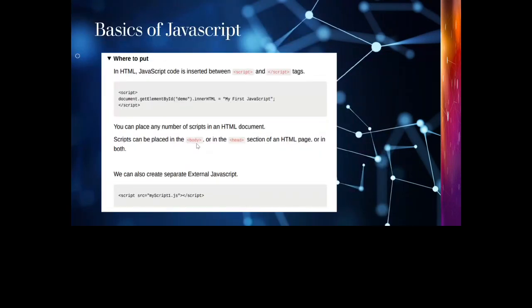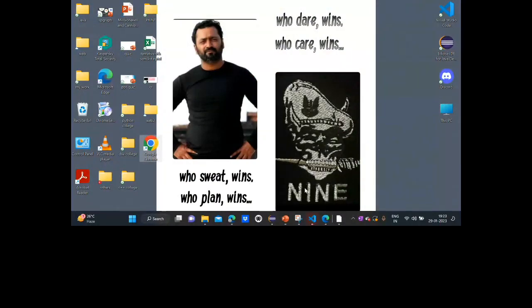Now coming to the basics of JavaScript, in an HTML file there are two ways to implement JavaScript. Either you can use script tags and write the whole JavaScript inside the HTML page. For example, let me show it this way.